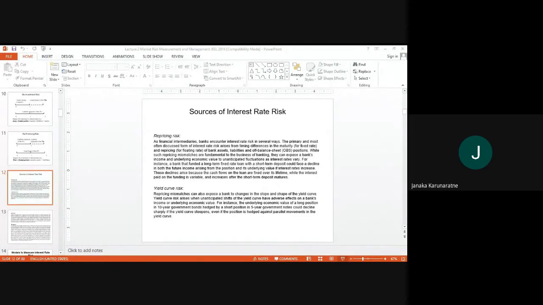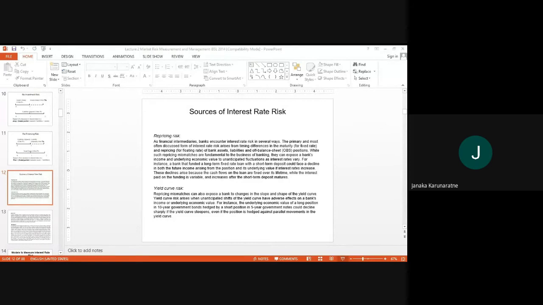Then what happens? When the interest rate changes, not every benchmark rate moves simultaneously. You see, the treasury rates may not go up in the same manner as LIBOR goes up. Or treasury rates may not go down in the same manner as LIBOR comes down. So there is a mismatch.